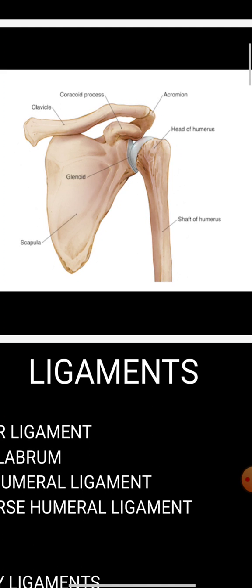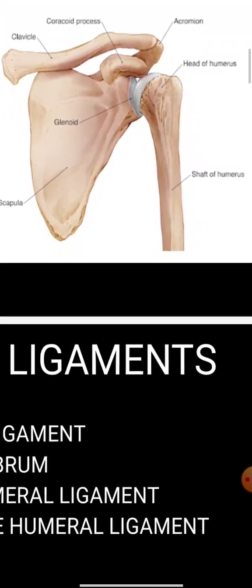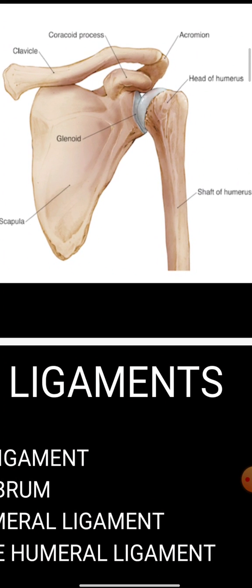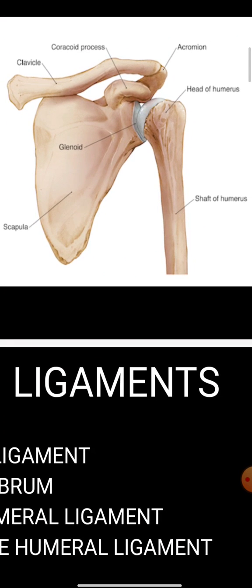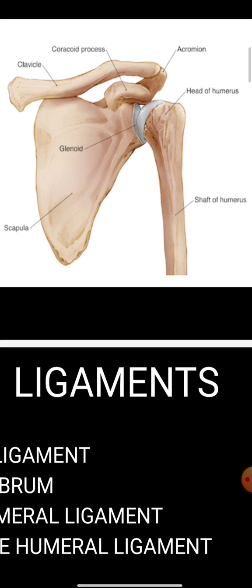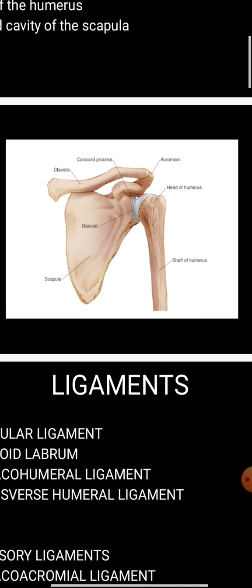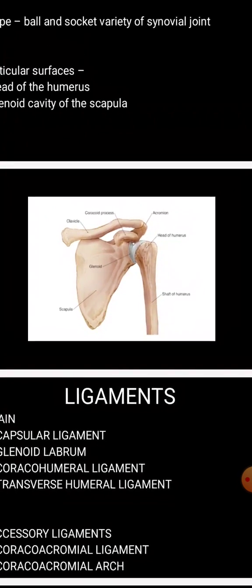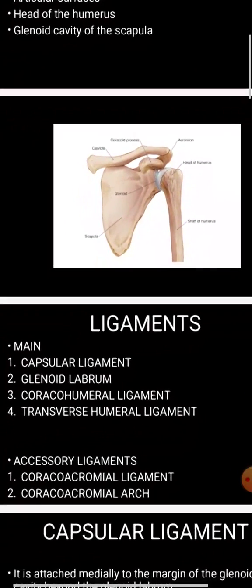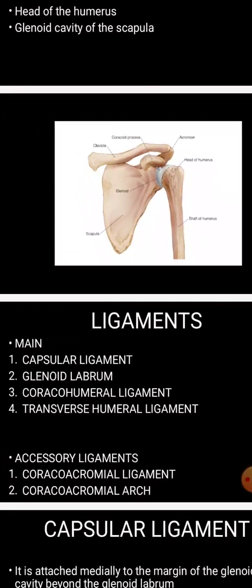Now if you look carefully at the diagram, you can see a bluish colored structure on the articular surfaces. This is called the articular cartilage. One of the characteristic features of the synovial joint is the presence of articular cartilage around the articular surfaces. Now what is the function of the articular cartilage?